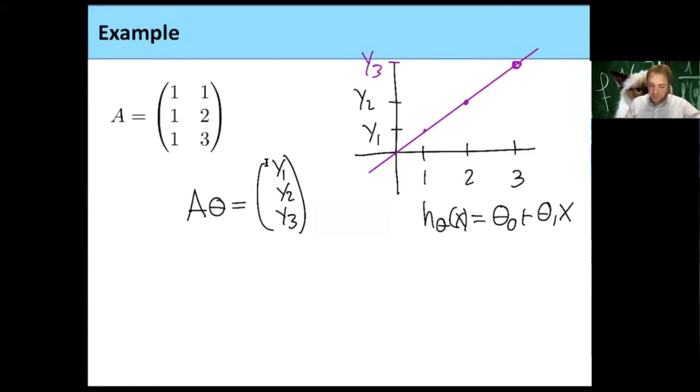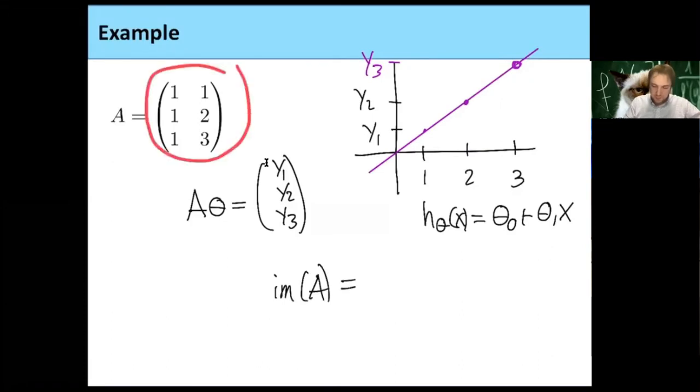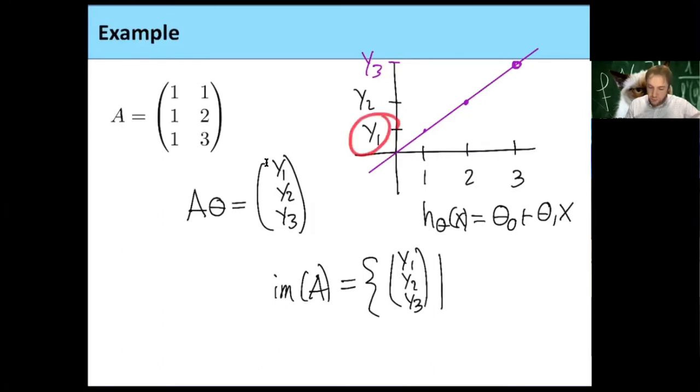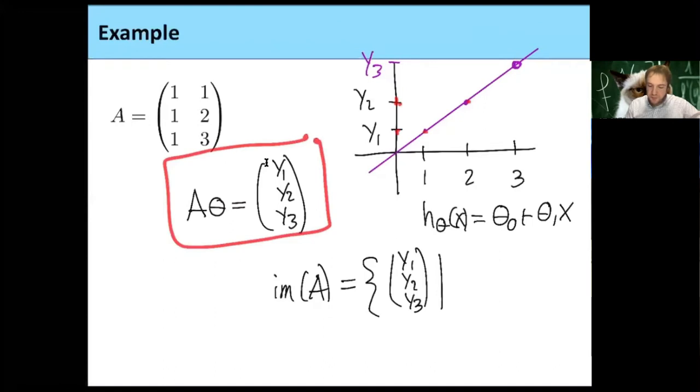So in this case, you can also say that the image of A, I mean, you need to do some calculation to find this out, are those vectors y1, y2, y3 such that if I choose y1 and y2, in order for this to have a solution, the third point must also be on the same line given by these 2 points.